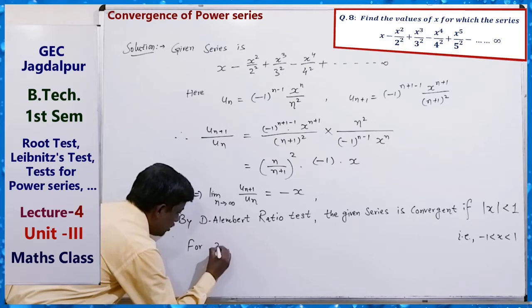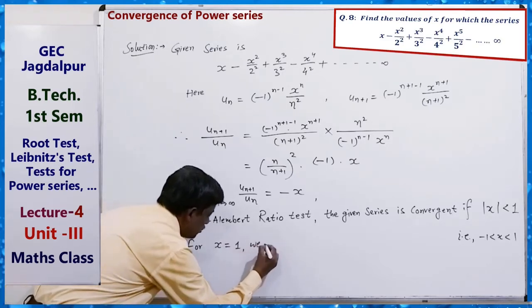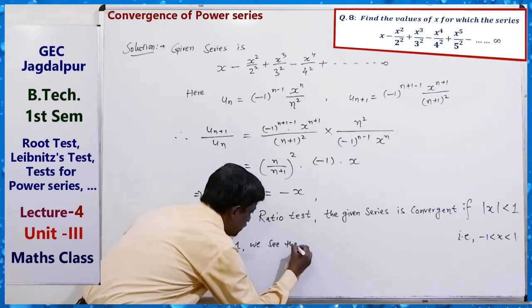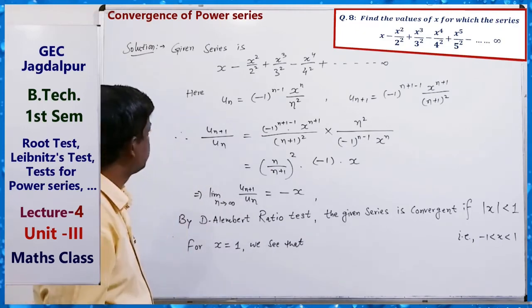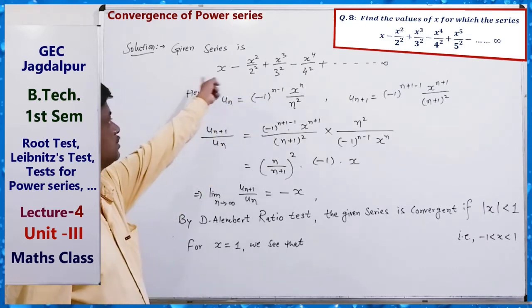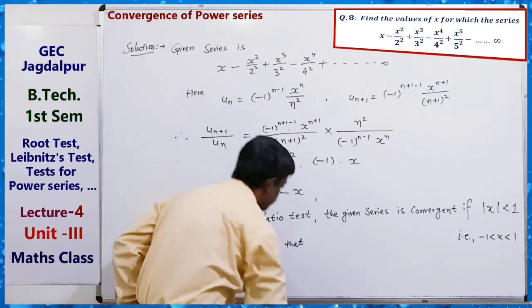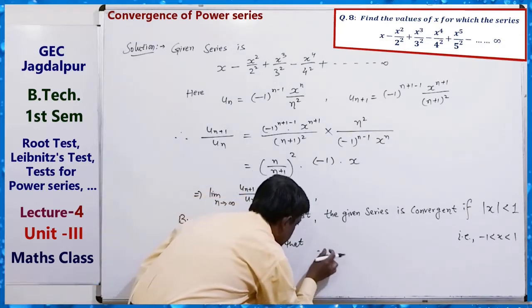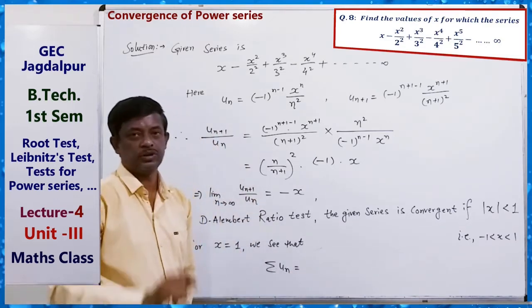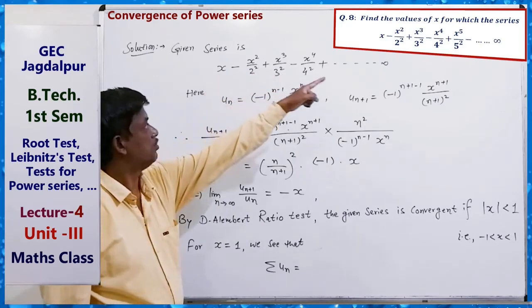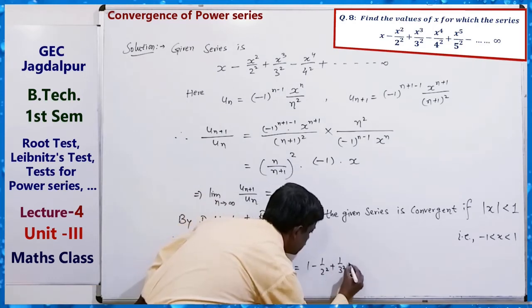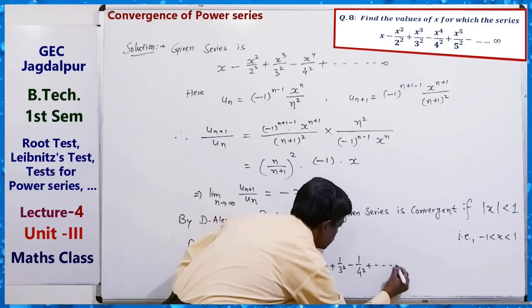For x equals to 1, the series, sum of u(n), is 1 minus 1 by 2 square plus 1 by 3 square minus 1 by 4 square plus and so on to infinity.